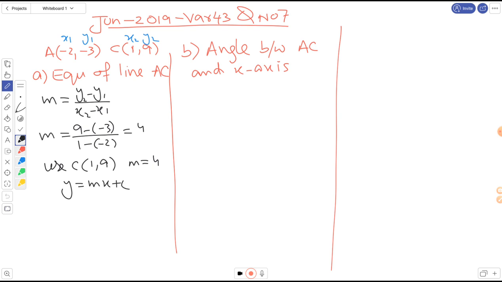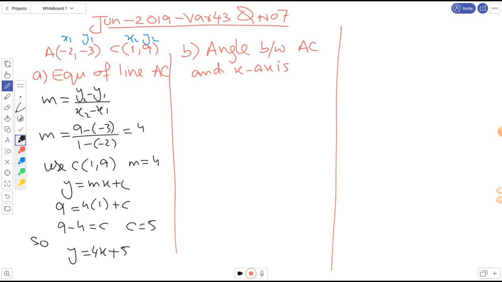In the place of y, this y value comes here, and this 1 comes in place of x, and m is 4, you know very well. So 4 times 1 is 4, and 9 minus 4 gives c, and c becomes 5.